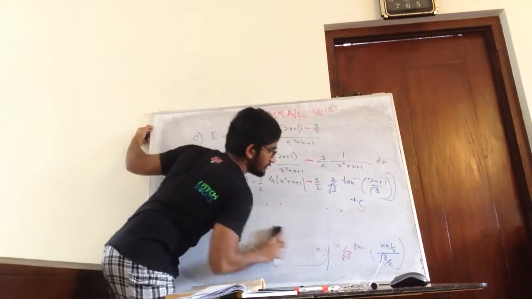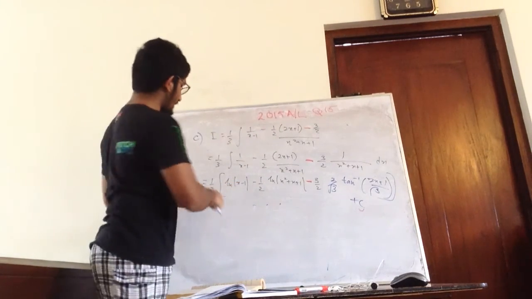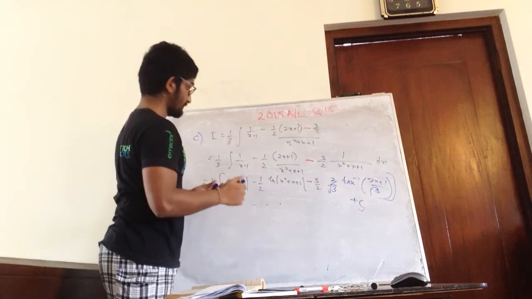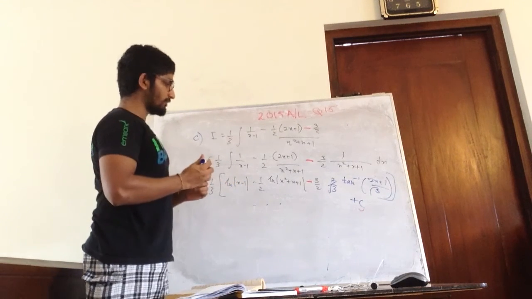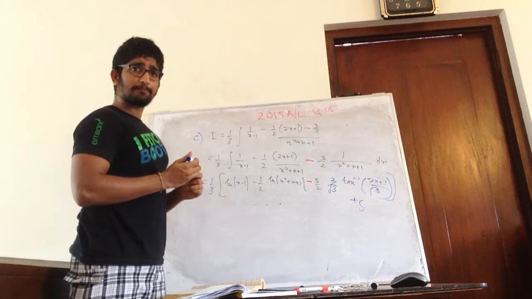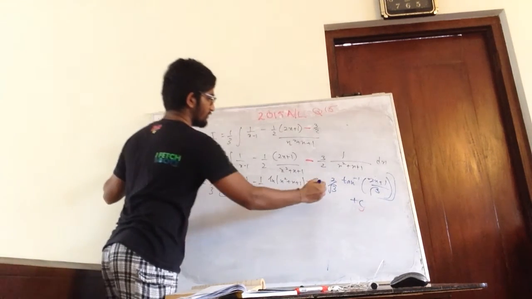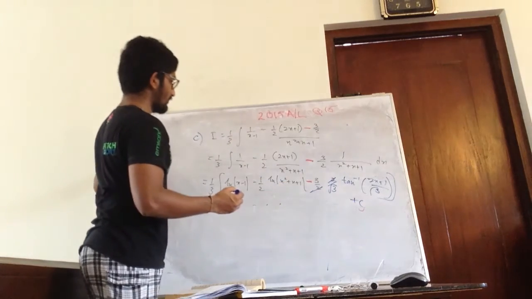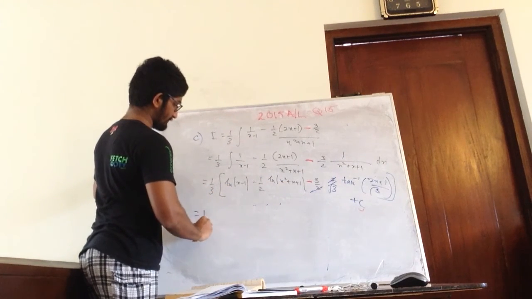Correct? So remember there is a 1 over 3 here. So you can actually keep the answer like this. Or else you can actually simplify this, but simplification is actually not really necessary.